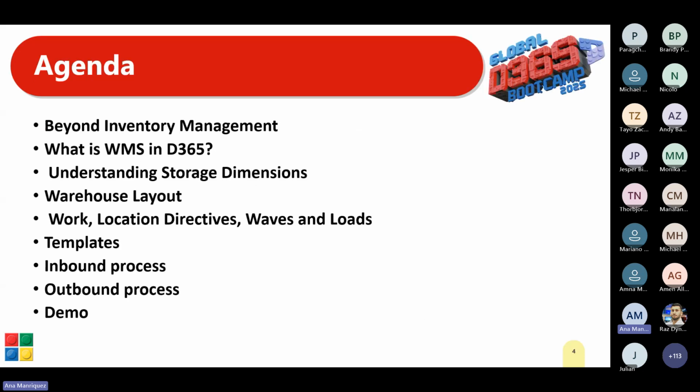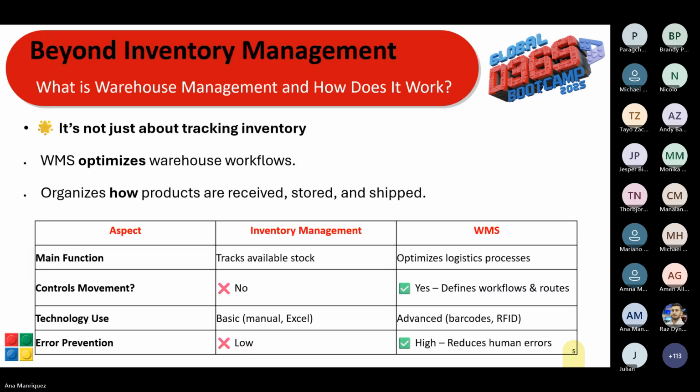So let's start. This is our agenda, but it's part of the time. So block to block to see these topics. So beyond inventory management, what is warehouse management and how does it work? A lot of people think that warehouse management is just about tracking inventory, but it's only part of the story. Inventory management simply tells you what you have and where it is, but what is warehouse management?